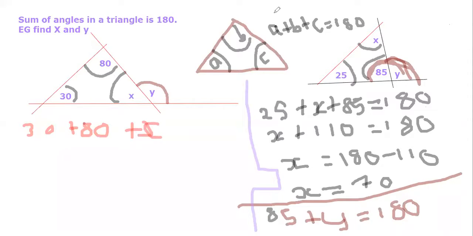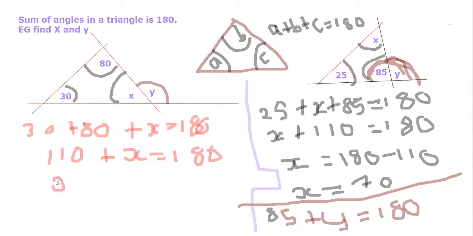We cannot start by finding Y because we must find X first. So 30 plus 80 is 110, plus X is equal to 180.